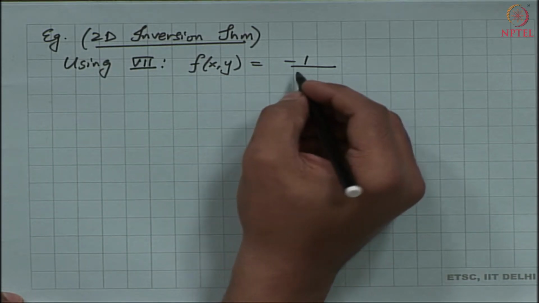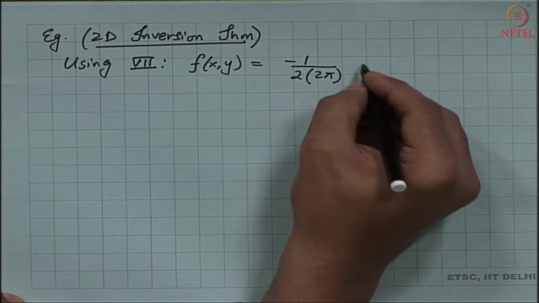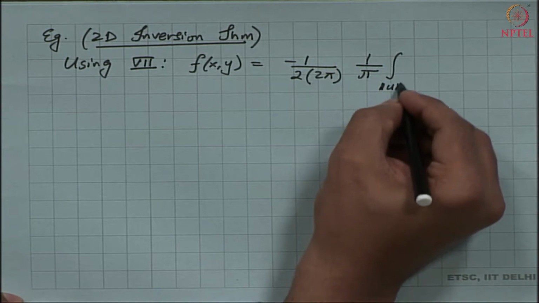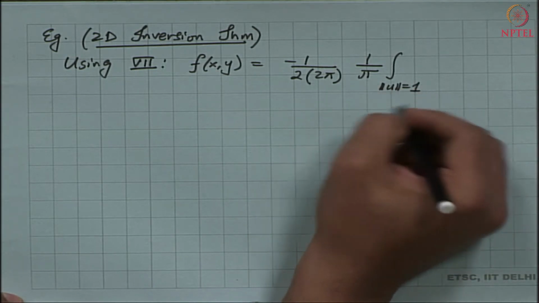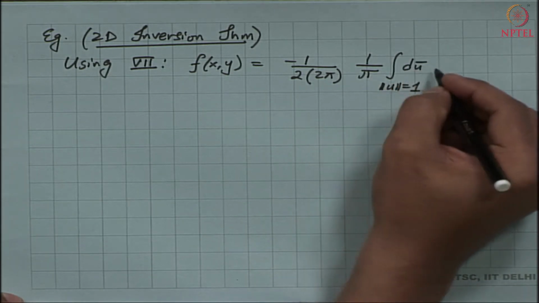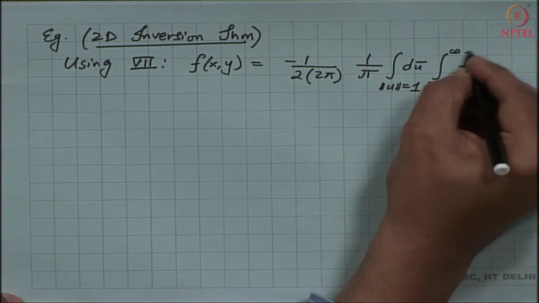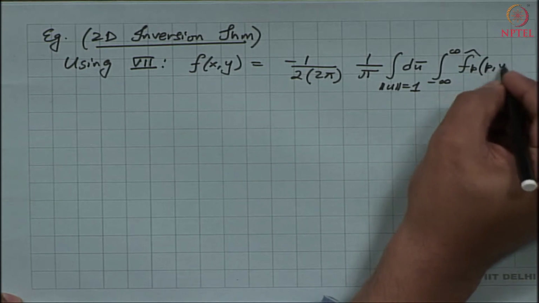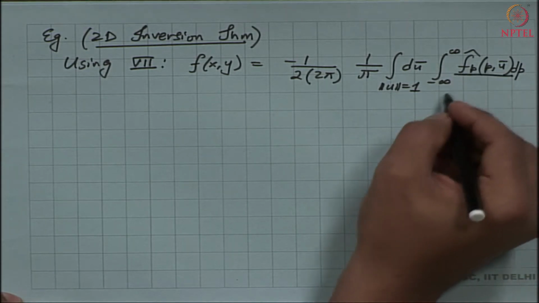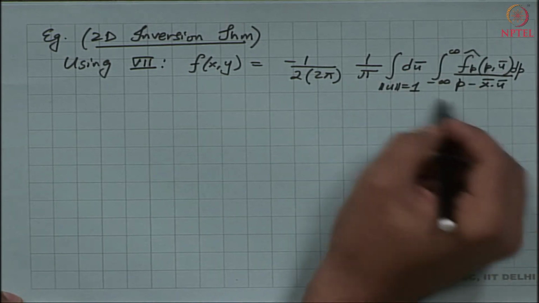So, using that Hilbert transform definition, I get that the expression is 1 by 2 times 2 pi and then the Hilbert transform, 1 by pi, the Cauchy principal value integral over this hyper surface du times the integral from negative infinity to infinity of f hat of p comma u dp, divided by p minus x dot u. So, that is the standard definition of my Hilbert transform.